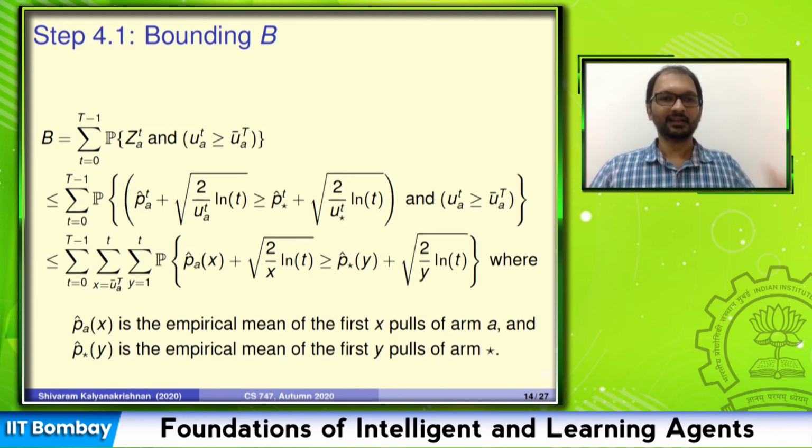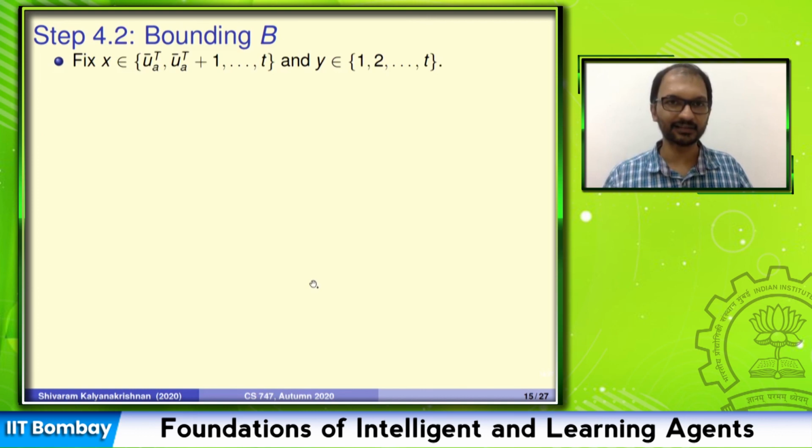So what we have done is to say that b is this quantity which is upper bounded by a slightly larger probability. To say this in English, it is something like the UCB of arm A after x pulls compared with the UCB of arm star after y pulls. This is the quantity that we will look at in the next slide.